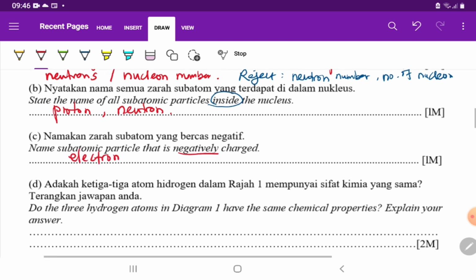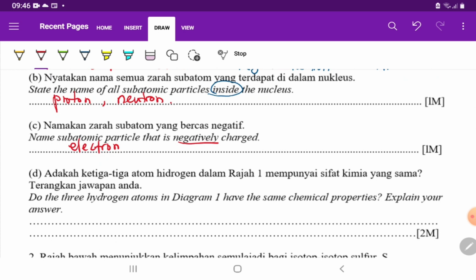Now, do the three hydrogen atoms in the diagram have the same chemical properties? Again, same chemical properties. Yes. Why? Explain your answer.